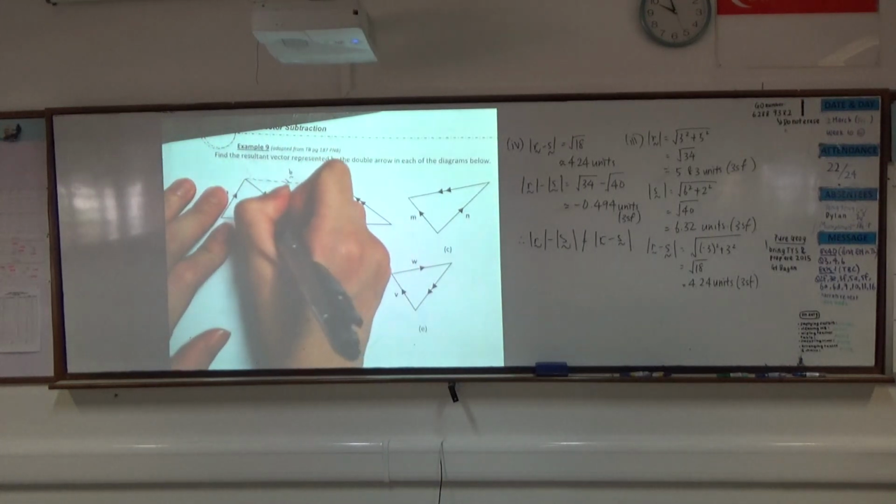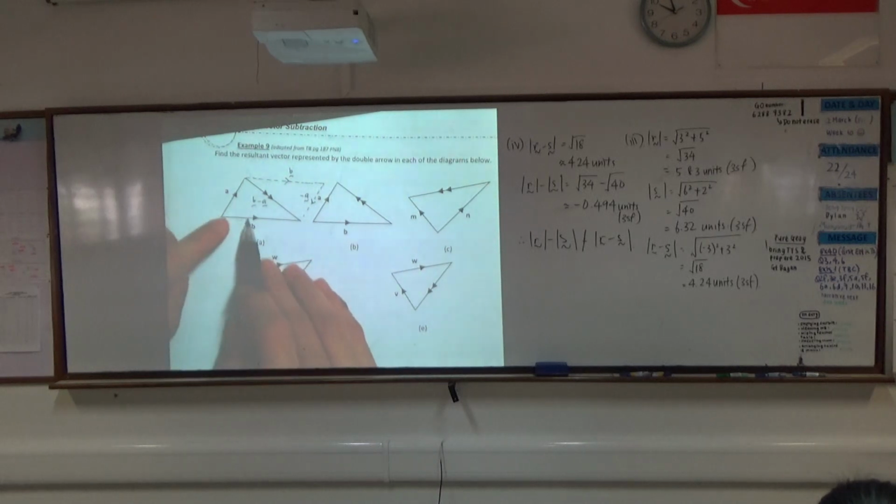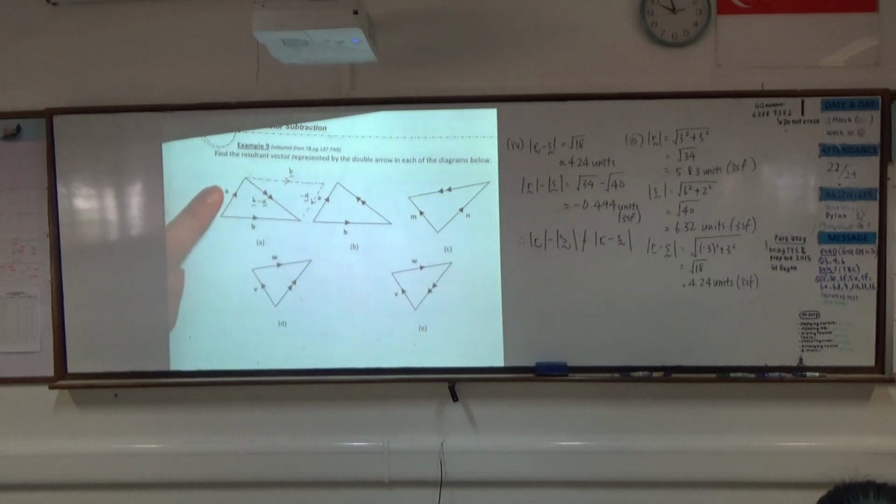So this is the vector B minus A. My A and B here is just to tell me how the vectors are.